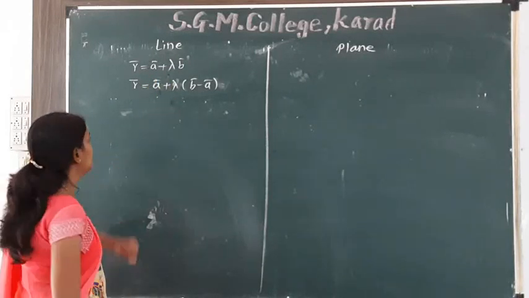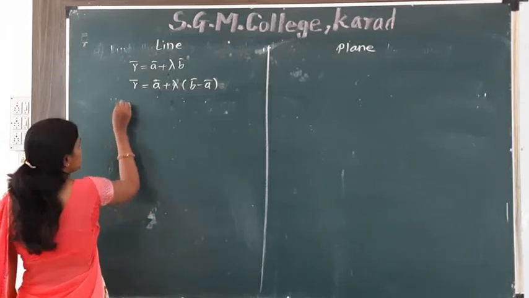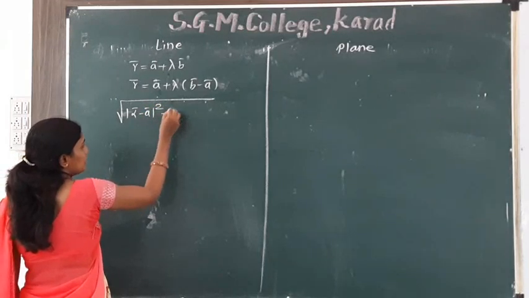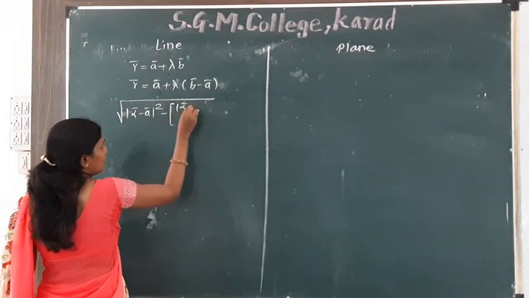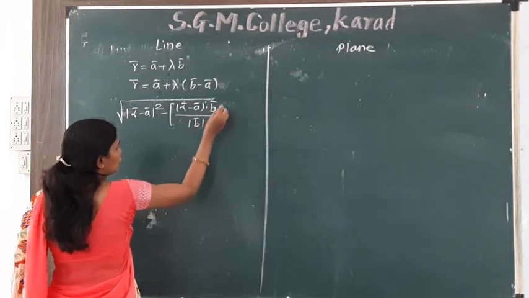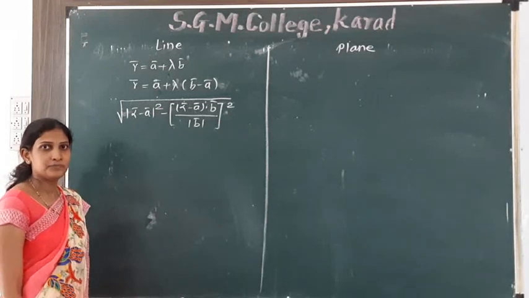Then we learned the distance of a point from the line, which is root of mod of (alpha bar minus a bar) square minus ((alpha bar minus a bar) dot b bar upon mod of b bar) square. Distance of a point from the line.